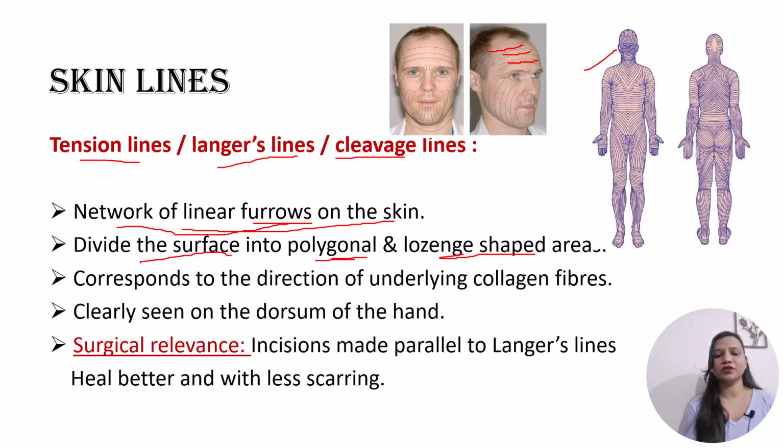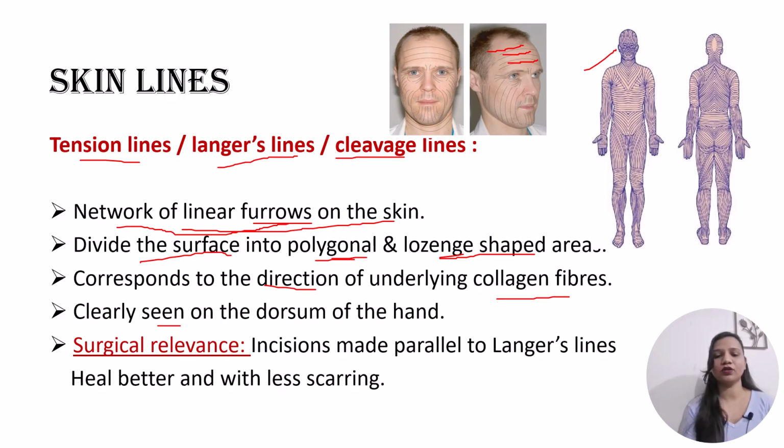They correspond to the direction of the underlying collagen fibers. That means it depends upon how the collagen fibers are arranged in the skin, and depending on that, these tension lines arise on the skin.